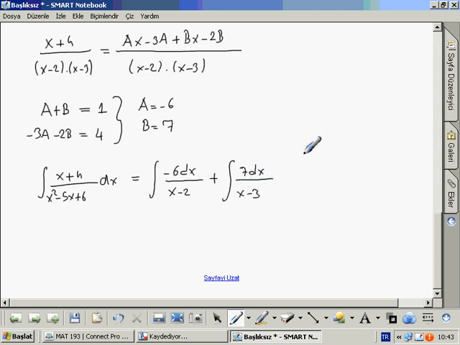So that's equal to minus 6 times ln of absolute x minus 2 plus 7 times ln of absolute x minus 3 plus c, which is the total result.